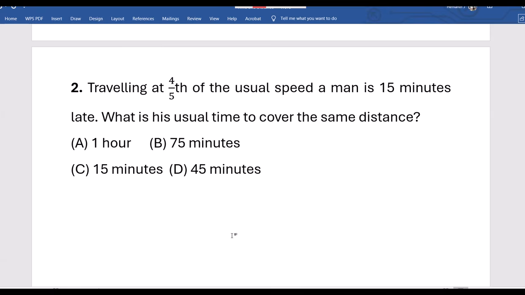Now, there are a lot of ways to solve this question. One very simple method, without using any pen and paper: speed is 4 by 5. Here distance is constant. Speed 4 by 5 means timing will be 5 by 4. Why inverse? What is the relation between speed and time?